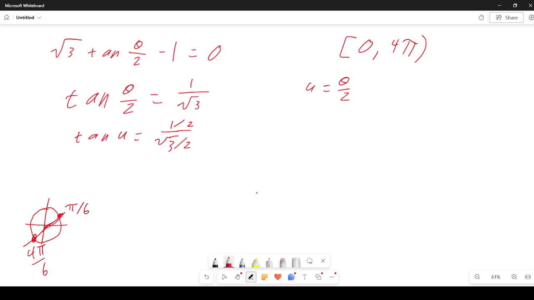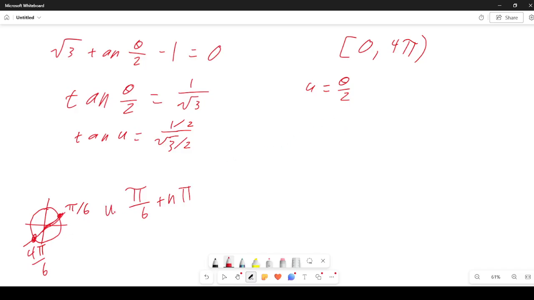Okay, so my general solution here would be pi over 6 plus n pi. And that actually covers both of them, because they're a whole pi apart from each other. Though again, if you gave me both pi over 6 plus n pi and 4 pi over 6 plus n pi, it's redundant, but it's not wrong, so I wouldn't take off any points for that.